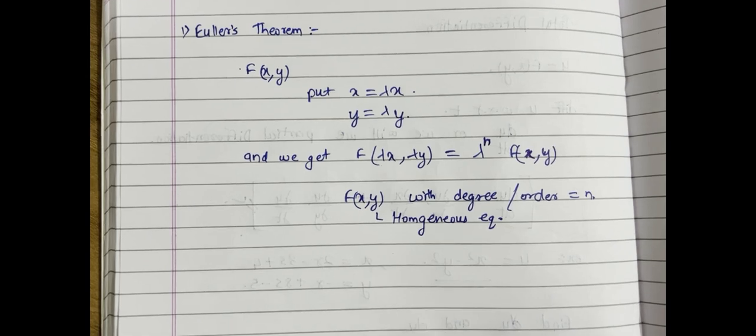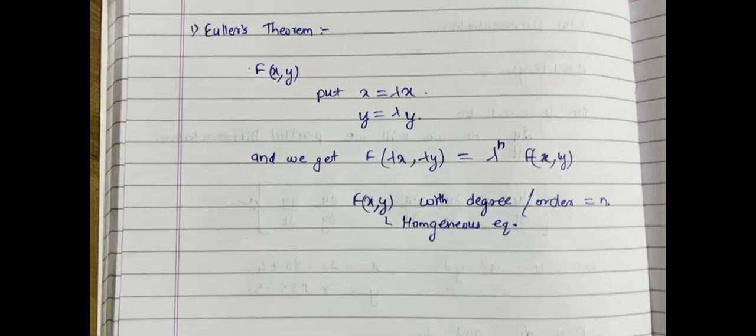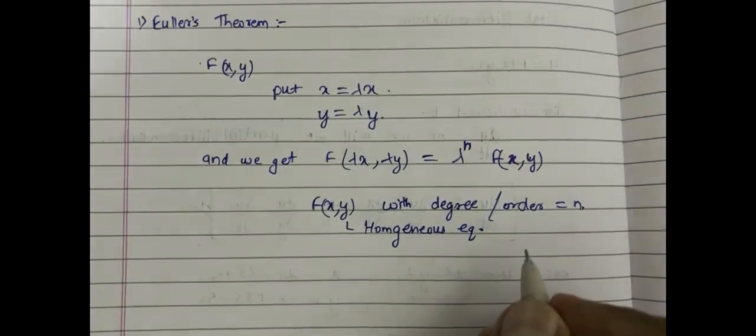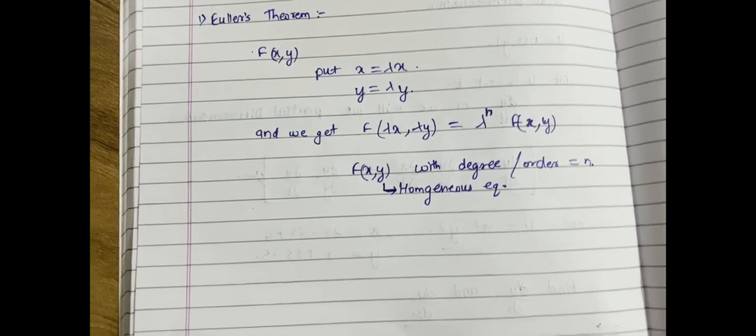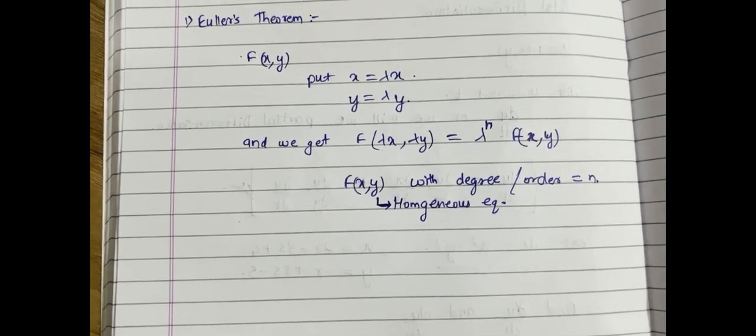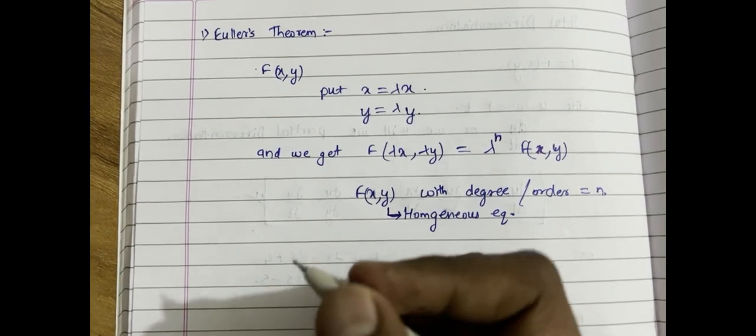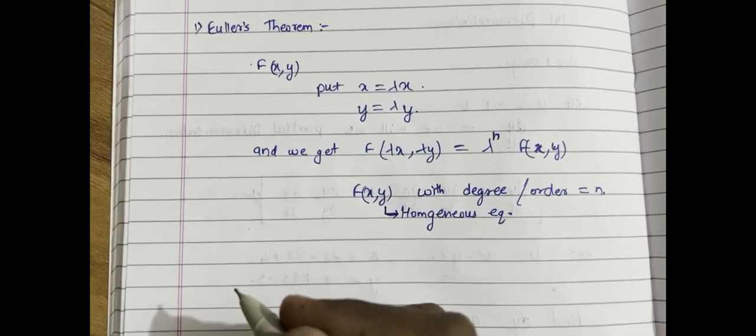As Euler's theorem is only applicable for homogeneous equations, we have various corollaries. Corollaries are also known as subtopics or sub-theorems of a main theorem.